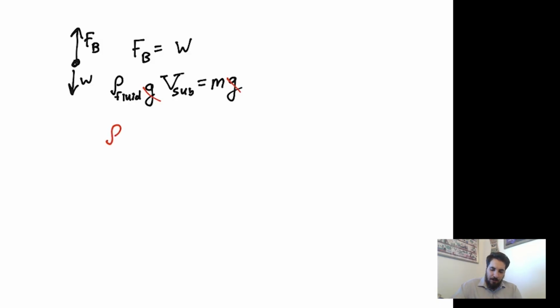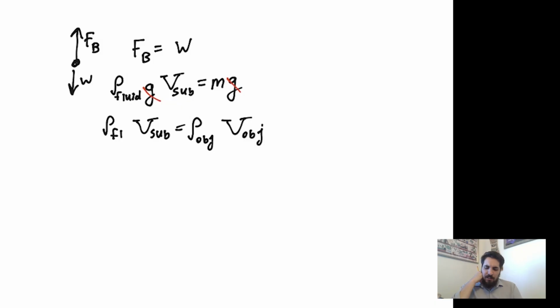So we say, okay, well, that's the density of the fluid, and I'll shorten that subscript to rho FL, times the volume submerged. And that's equal to your mass, but I'm going to write my mass a little bit differently. I'm going to write it as density of the object times the volume of the object.